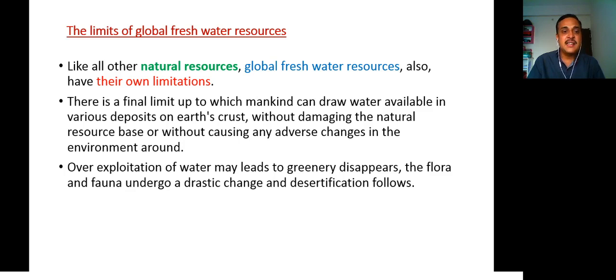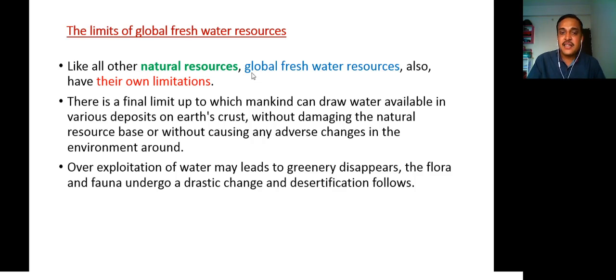As in this lecture we have already focused on the global distribution of freshwater, here we are going to focus on the limitations or limits of this global freshwater. As we know, like all other natural resources, you may take an example of forest resources, energy resources, or wildlife resources.